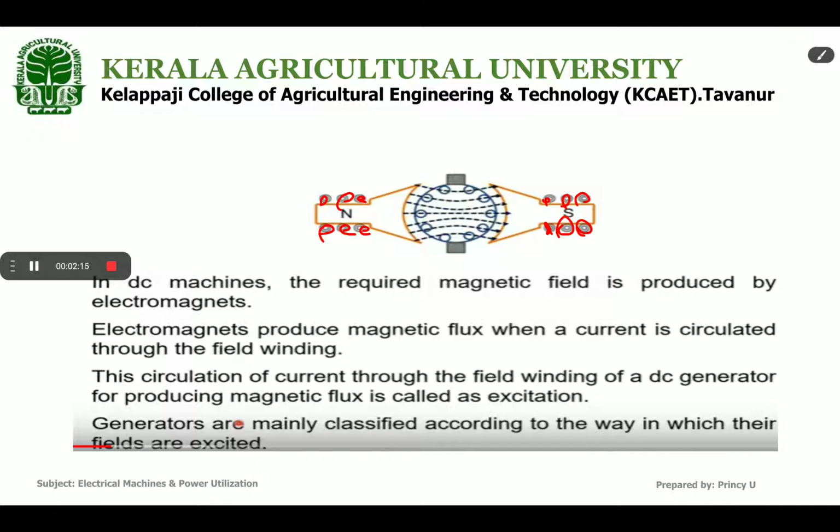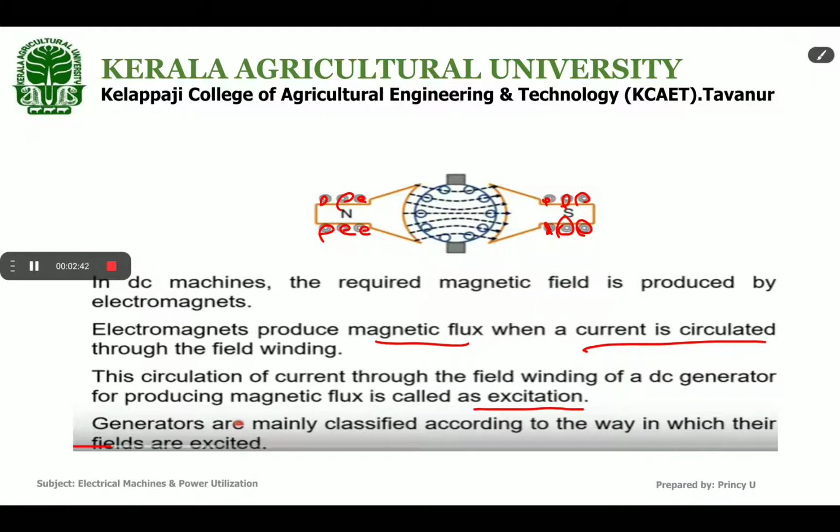Electromagnets produce magnetism only when current is passing through these coils. This circulation of current through the field winding of a DC generator for producing magnetic flux is called excitation.